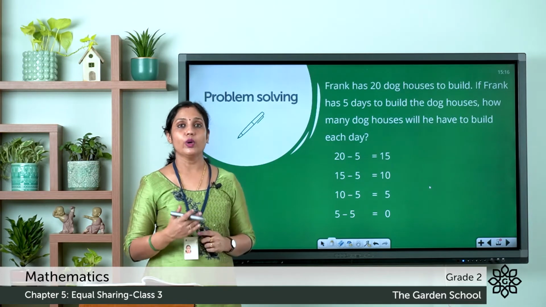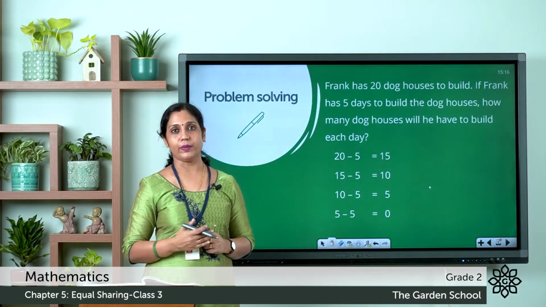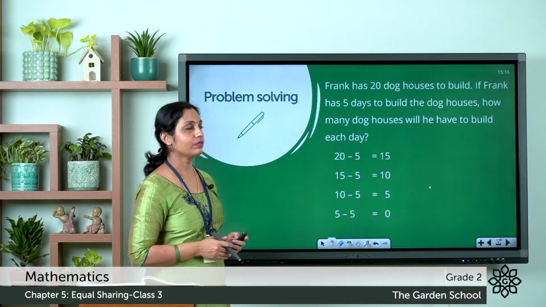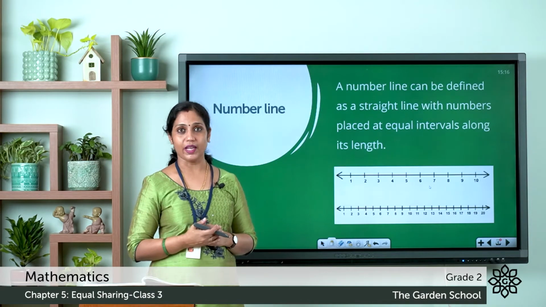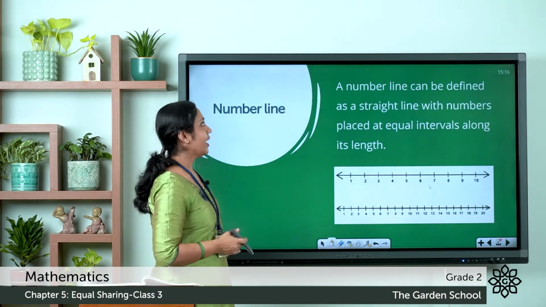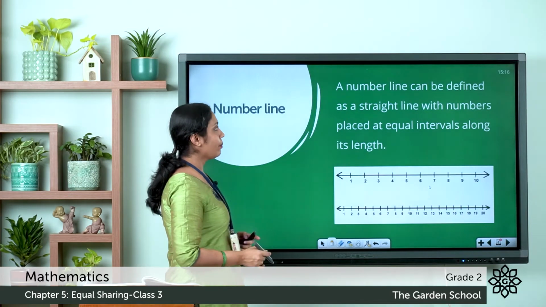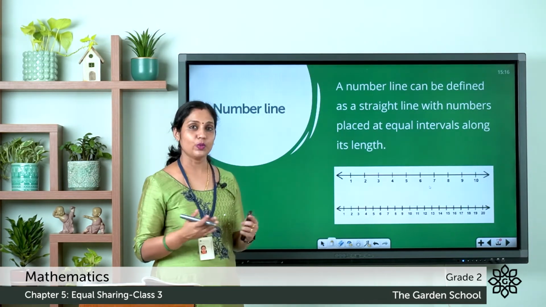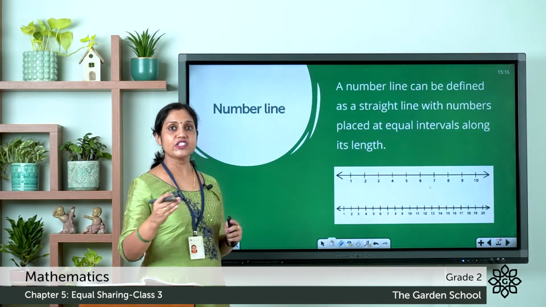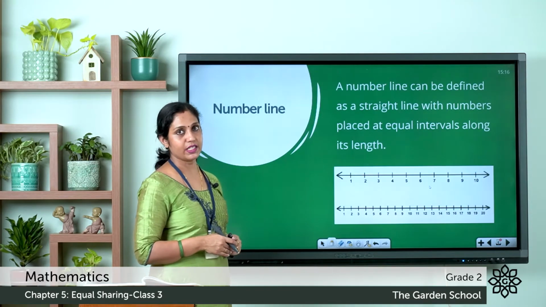So today we are going to learn how to do division using a number strip or a number line. So first for that, let's check what is a number line. A number line can be defined as a straight line with numbers placed at equal intervals along its length. So what is a number line? Number line is a straight line. It's a horizontal line. So here you can see two number lines.